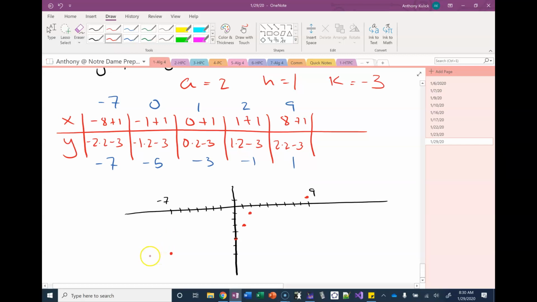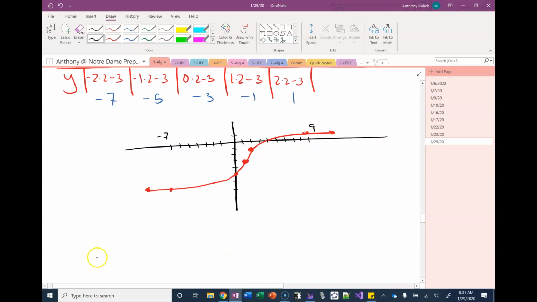So I need arrows at both ends. And again, when you're graphing this, I'm going to be picky. I'm going to need to see arrows at both ends of your graph for the cube root ones.